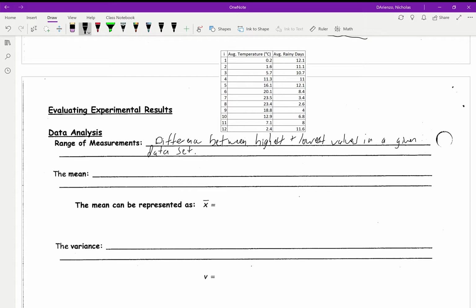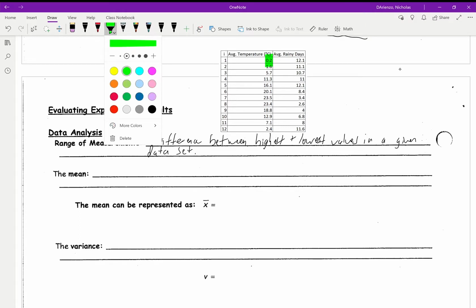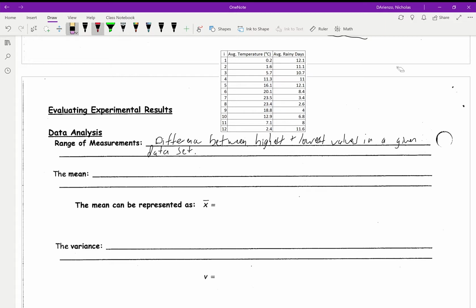So if we look at the data above there in the table, and we want to look at the range of measurements for average temperature, we'd find our lowest value, 10.2, and the highest value, which is 23.5.